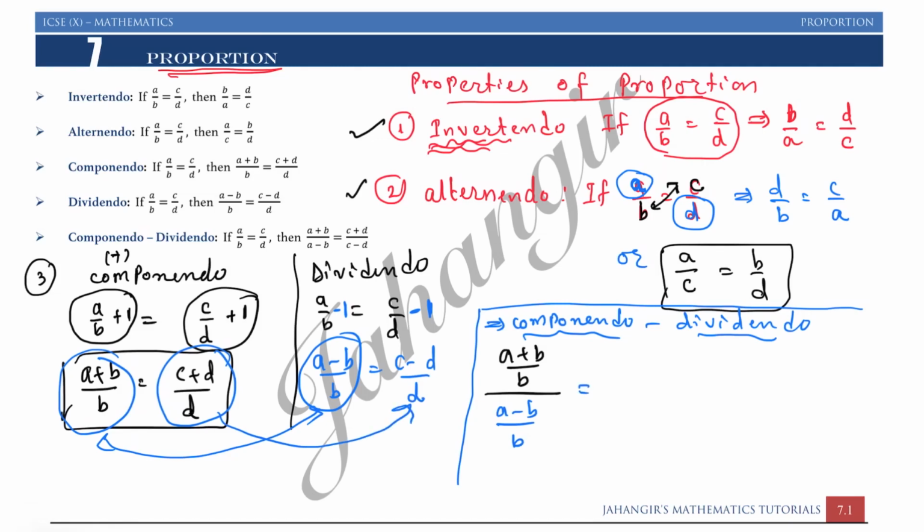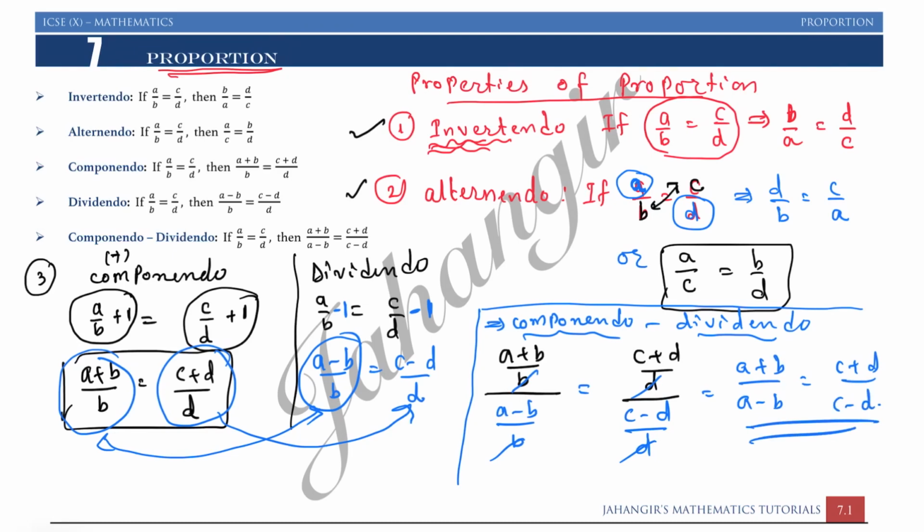Is equal to C plus D upon D whole upon C minus D upon D. D and D will get cancelled, B and B will get cancelled. Finally, I will get A plus B upon A minus B is equal to C plus D upon C minus D. So, in componendo dividendo what we are doing, if we have numerator upon denominator, then numerator upon denominator. So, we can write numerator plus denominator upon numerator minus denominator directly.